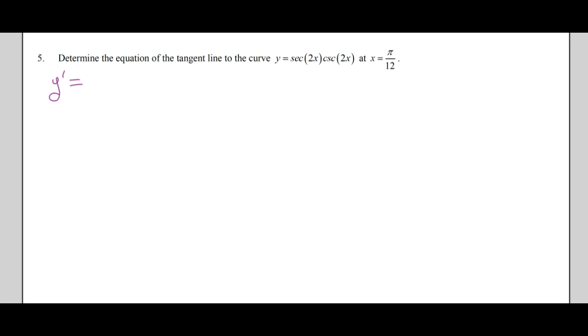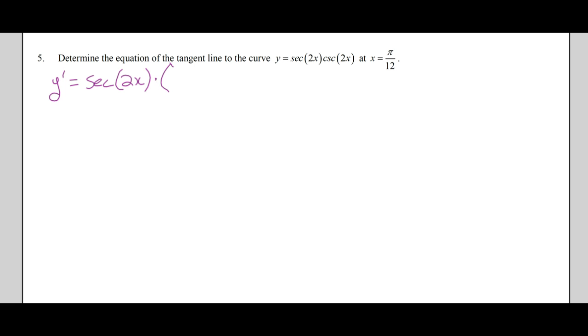All right. So let's do this derivative. What's the derivative of secant? Secant x tan x. Tan 2x times 2. Oh, no, wait. It's a product, right? So it's secant 2x times the derivative of cosecant. So what's the derivative of cosecant?